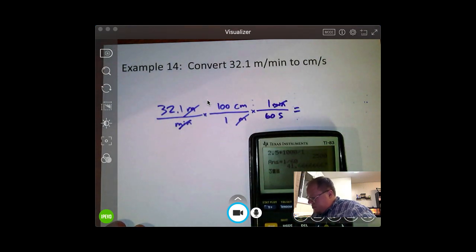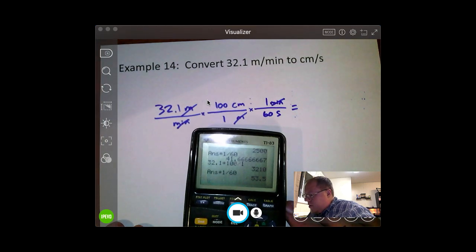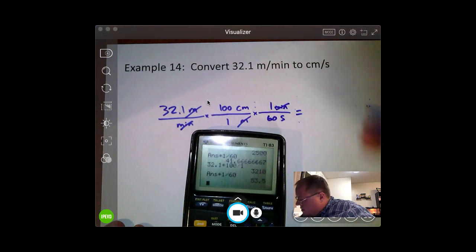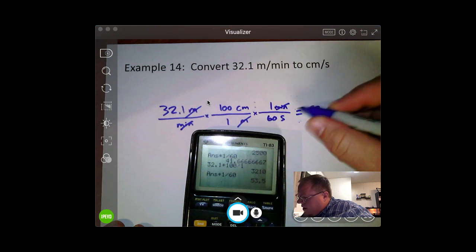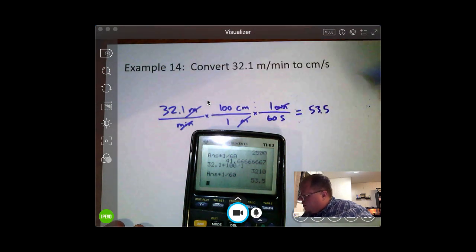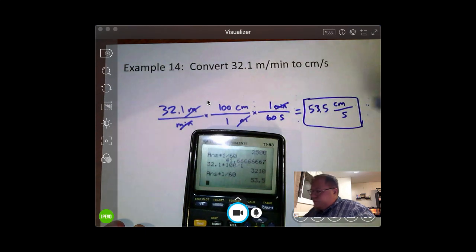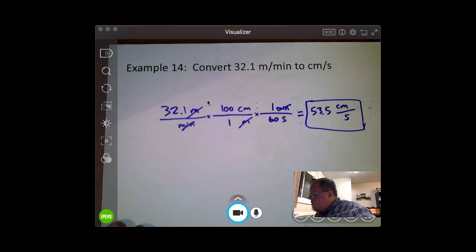So 32.1 times 100 over 1 times 1 over 60. 53.5. And that one has 3 sig figs, which I started with 3 sig figs. This would be centimeters per second. And that's how you do dimensional analysis.